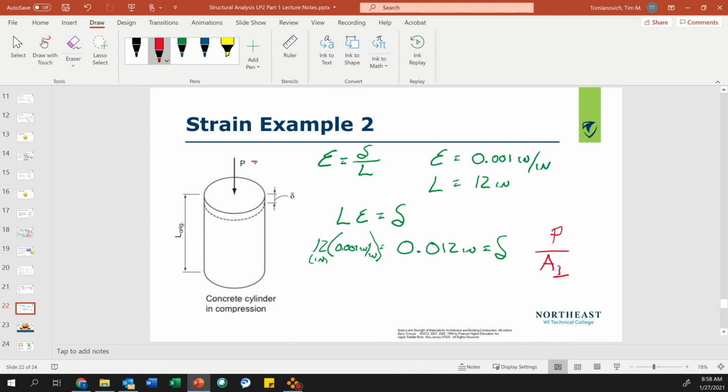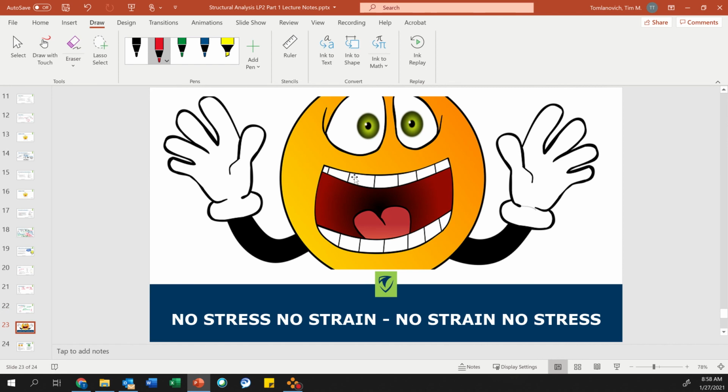If I have a P of 10,000 pounds, and this is a 6-inch diameter cylinder, that stress is causing that strain. You've got to have stress to have strain. So stress and strain are related very closely. You can't have one without the other. Does that make sense? We'll go over this in the part 2 lecture. So that's stress and strain.